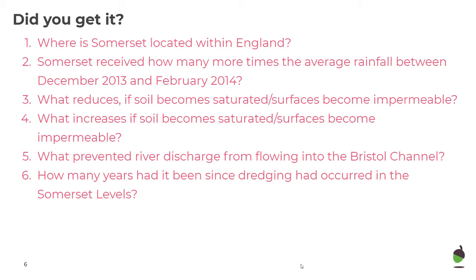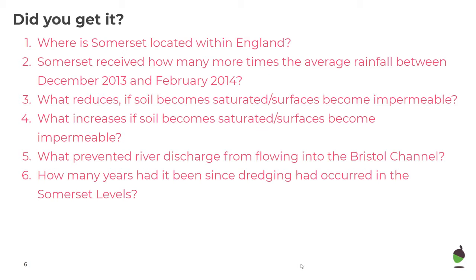However, humans also contributed towards the flood event. The rivers had not been dredged for 20 years, and this reduced their ability to hold water. Also, humans had influenced or affected the drainage basins by creating more impermeable surfaces by building in the areas. So again, this increased the flood risk.